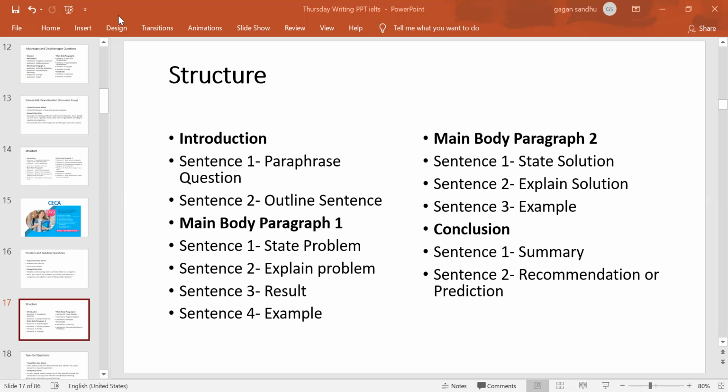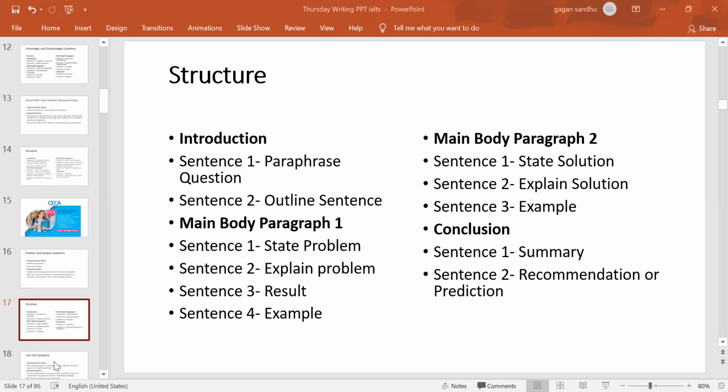Or the recommendation maybe like it is recommended that all these solutions be implemented as soon as possible for the better societal behavior of the individuals, right? So the recommendation or prediction could be anything in the next sentence after the summary.